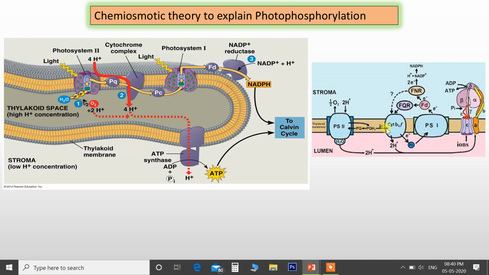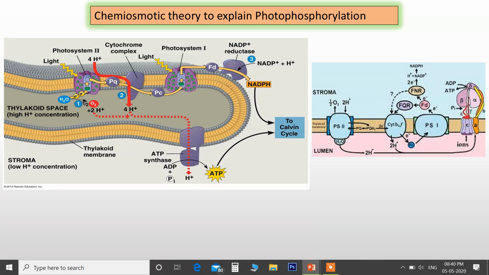So cytochromes will receive only electrons from the reduced plastoquinone or PQH2. When electrons are given to cytochromes from PQH2, the H plus is now free. But the important point here is these H plus are not returning back to stroma, but they are pumped towards the thylakoid lumen. So H plus is taken from stroma and pumped to the thylakoid lumen.